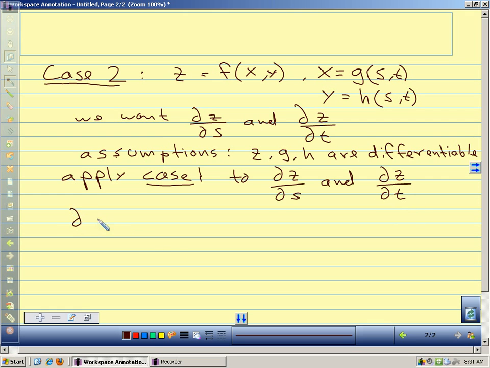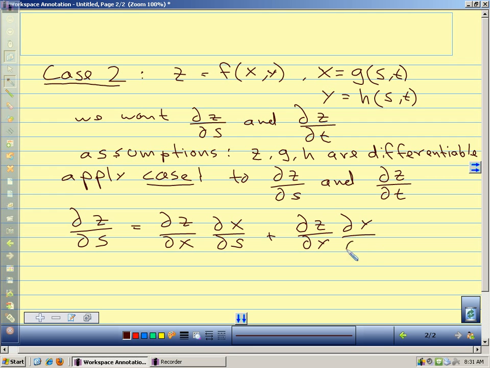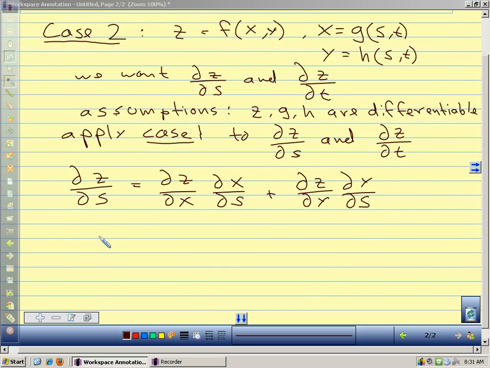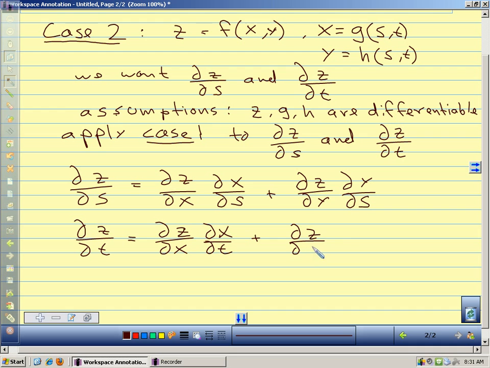So dz/ds equals dz/dx dx/ds plus dz/dy dy/ds, and dz/dt equals dz/dx dx/dt plus dz/dy dy/dt.